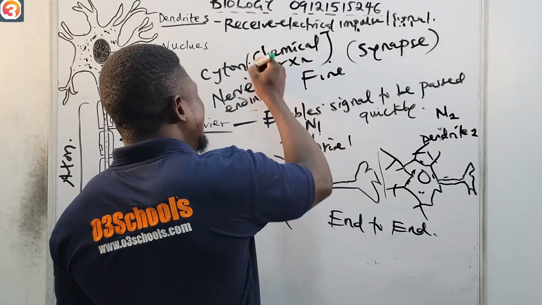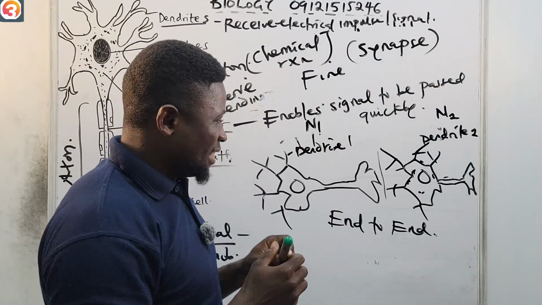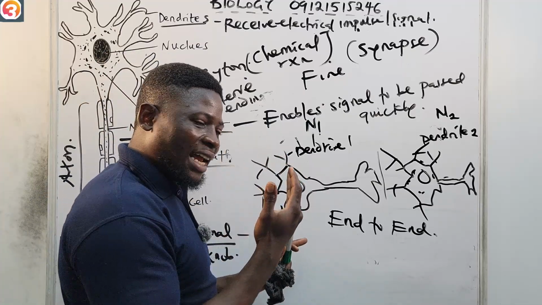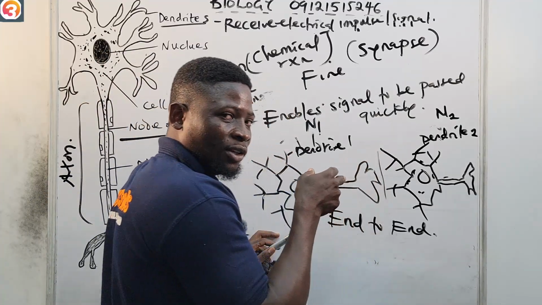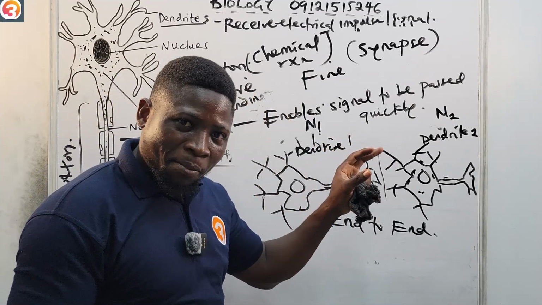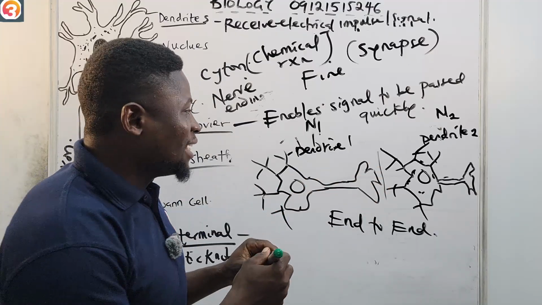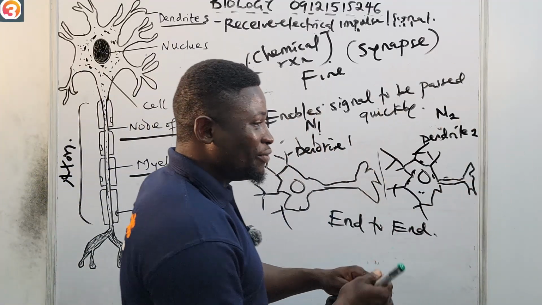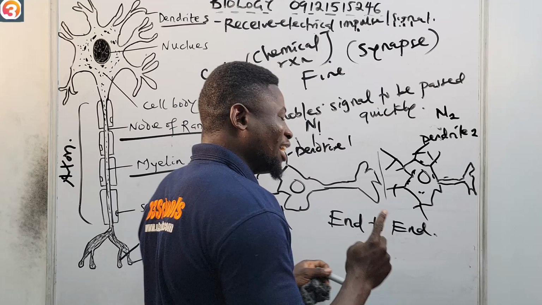Now let me repeat myself. As the signal gets to the axon terminal of the first neuron, just before the dendrite of the second neuron, there's a chemical reaction that takes place.